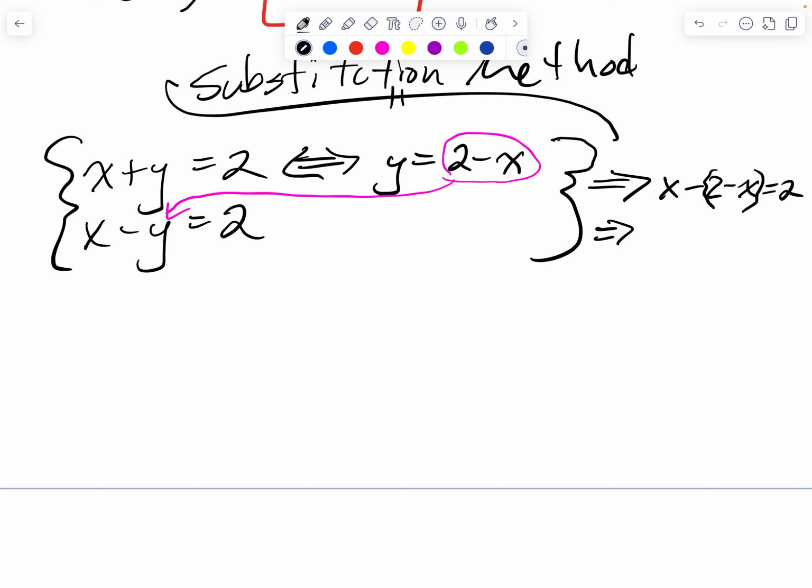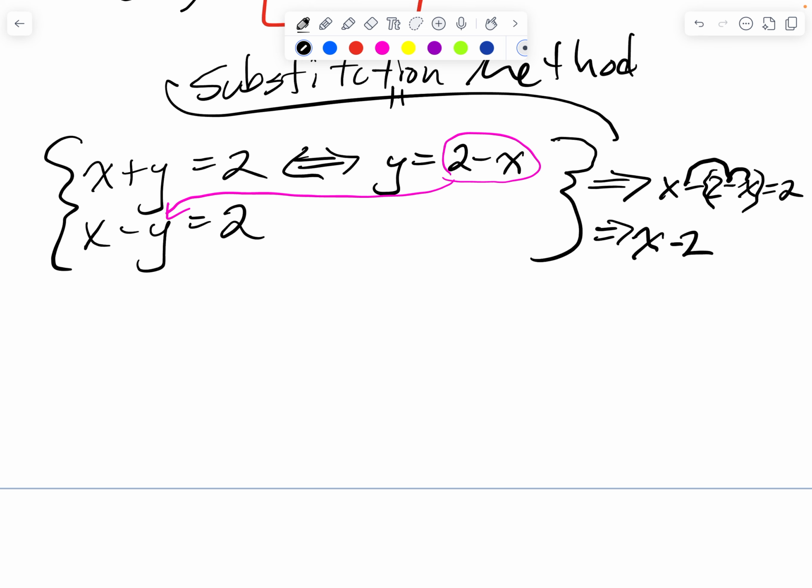Substitution. Let's see here. Oh, 2 letters. Rewrite y as 2 minus x. So I just took this y and replaced it with 2 minus x. Distribute the minus because there's really a minus 1 and we're multiplying. So distribute the minus there. Please learn to do that. So we distribute the minus to the 2.